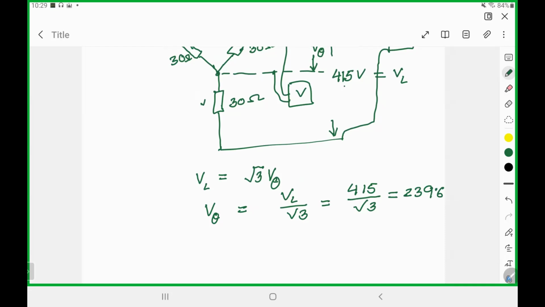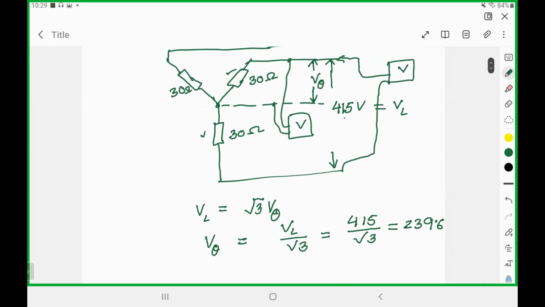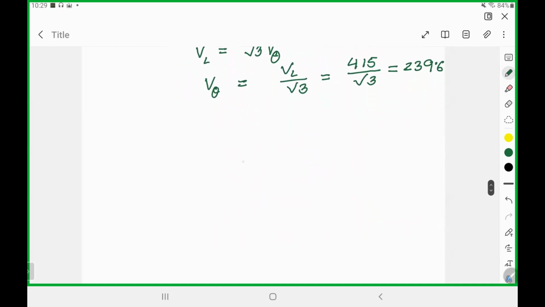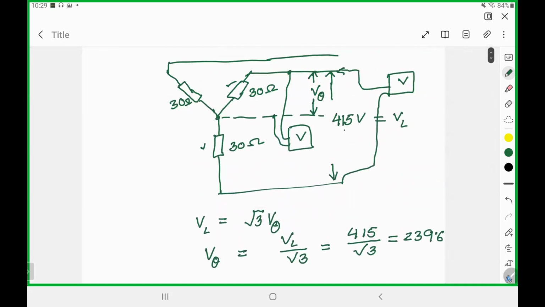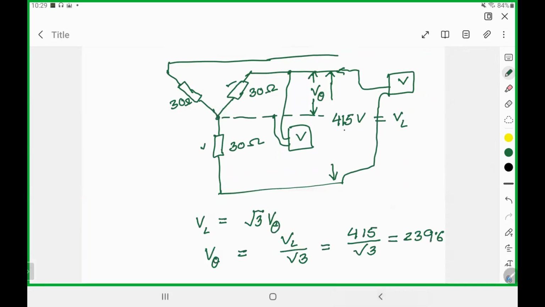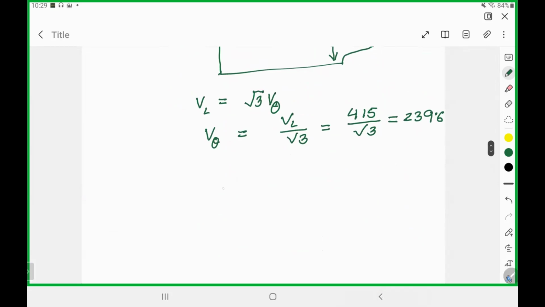Okay. Now we know the phase voltage. Now we can simplify this circuit and consider, as I have mentioned, that all these three phases have the same resistance. So we can draw a simple circuit having one resistance, because that will give me all the values correctly, only they will be separated by 120 degrees.